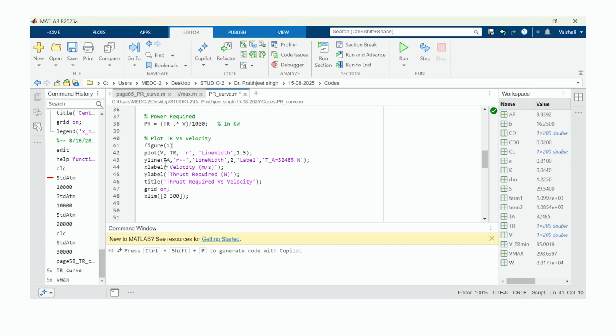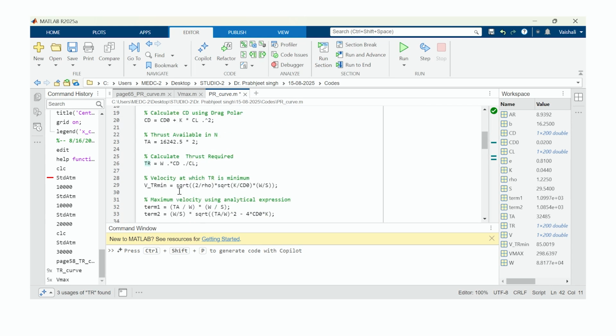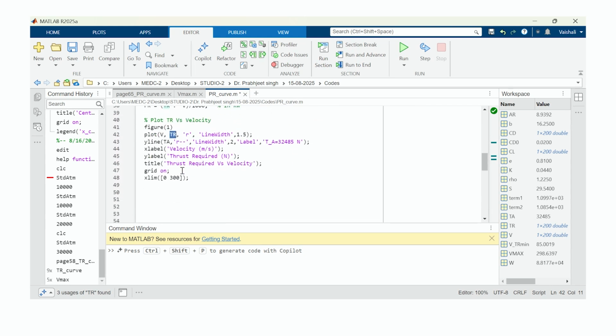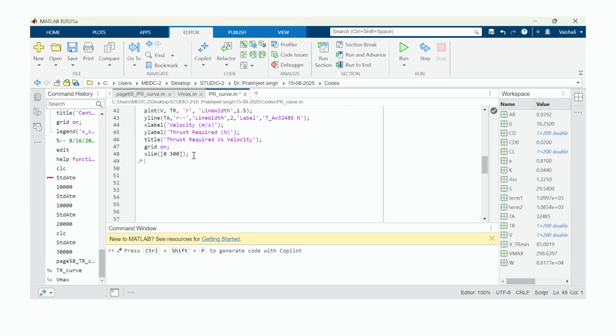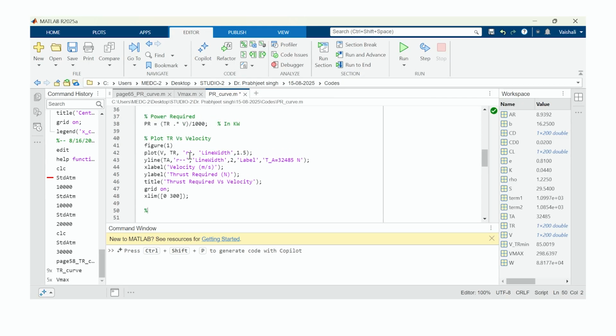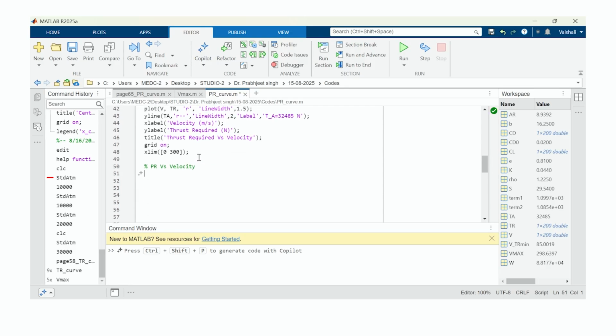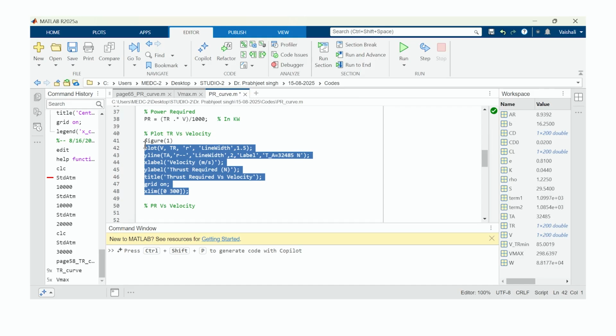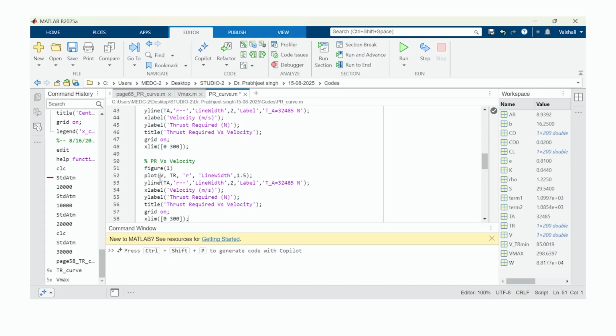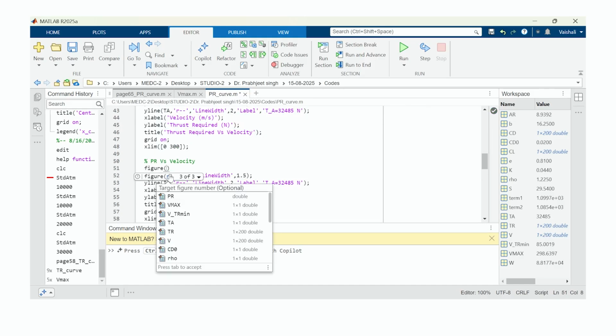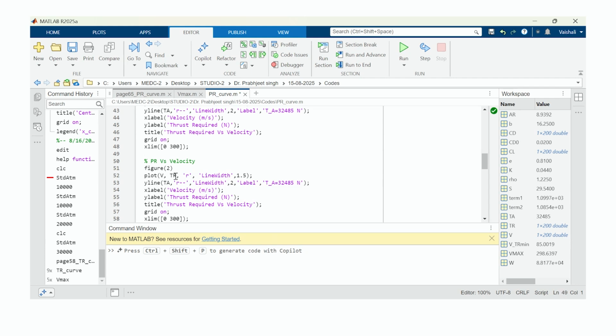Fine. Now let me write this as figure number 1. Alright, in figure 1 it is velocity with thrust required, rest everything remains same. And in figure 2 let us plot PR, power required, with velocity. So we have figure 2, and we need velocity with power required.